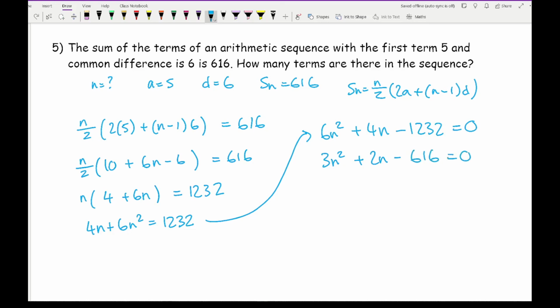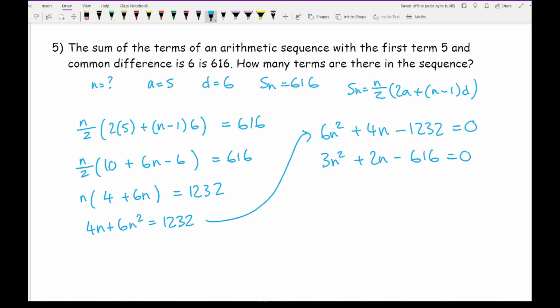Now I can go on to solve this, and I reckon it should factorize, but because I've got a calculator that can solve this for me, I just put the coefficients in: 3, 2, minus 616.